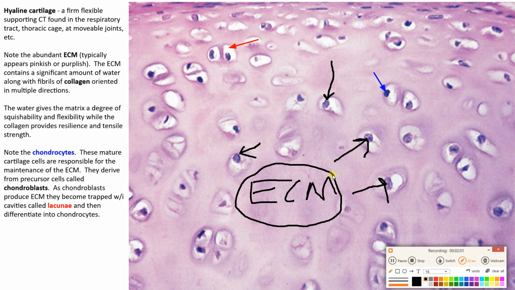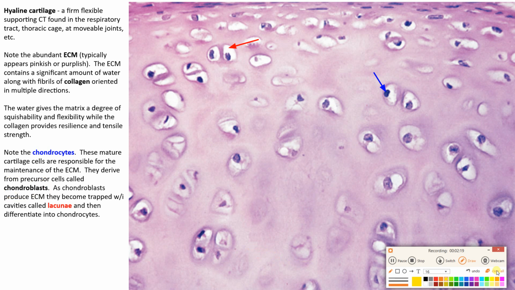Chondrocytes, once upon a time, were cells known as chondroblasts. Chondroblasts are precursor cells that turn into chondrocytes. The chondroblasts originally make the matrix, and as the chondroblasts make the matrix, they end up being trapped in these little spaces, these little cavities, where you see the white space here.